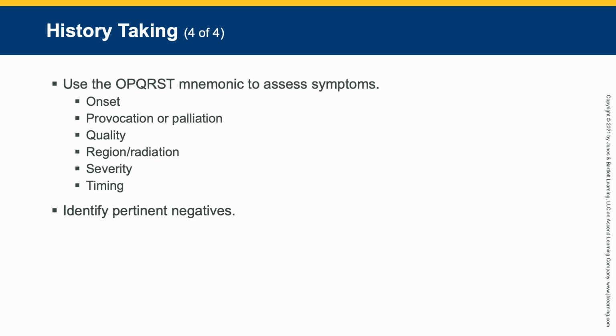Then timing, T, how long has it been going on for and has it changed? Again, these questions really help you pinpoint not only what the symptom is, but how serious and urgent it may be. You won't use OPQRST on every call, but it's especially helpful for complaints like chest pain, abdominal pain, or shortness of breath.